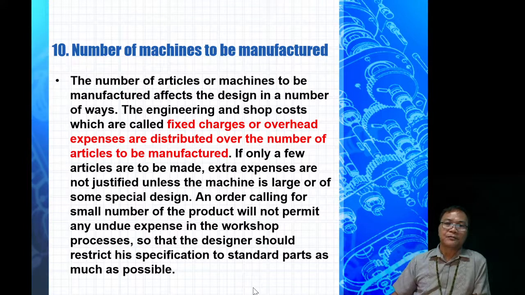So meaning to say, if you are going to mechanize the production of abaca, the market is limited, no. So the number of machines that you are going to manufacture also affects the cost of your machine.